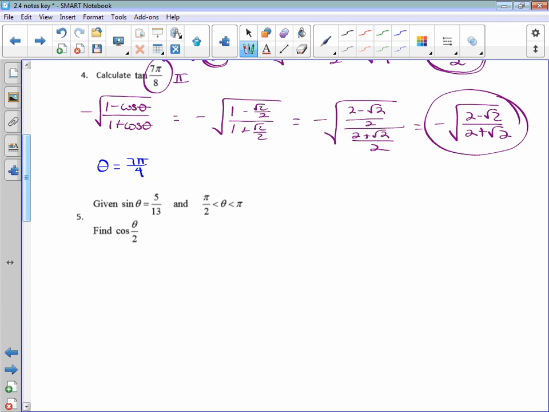Give you a minute for that to sink in. You don't need to simplify process. I won't make you rationalize when it's a radical under a radical.